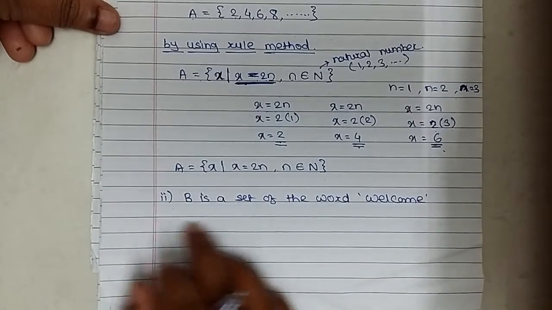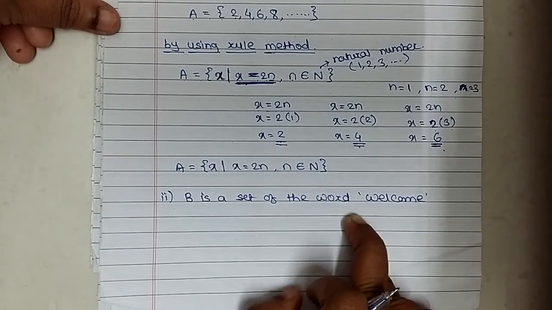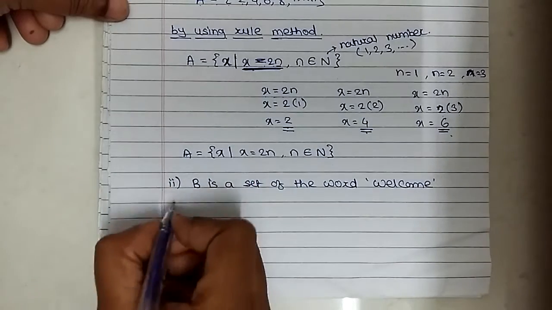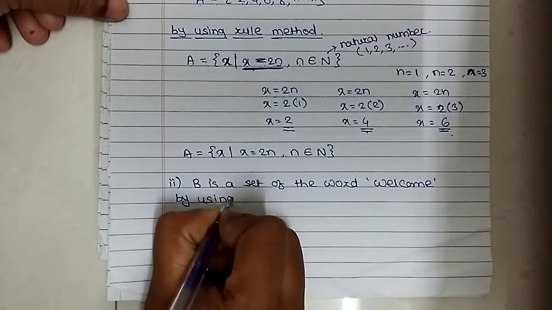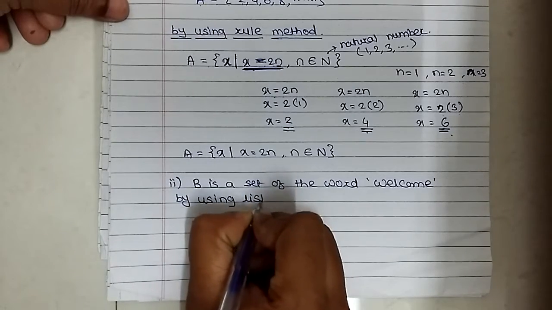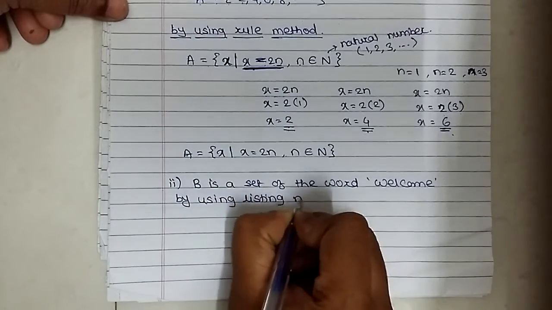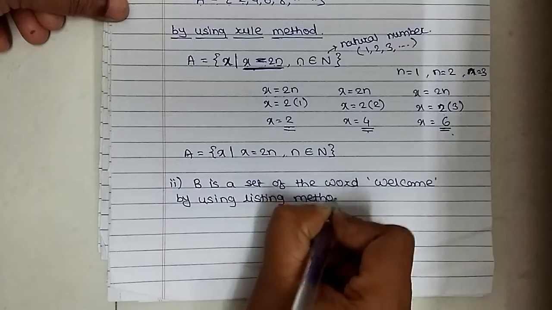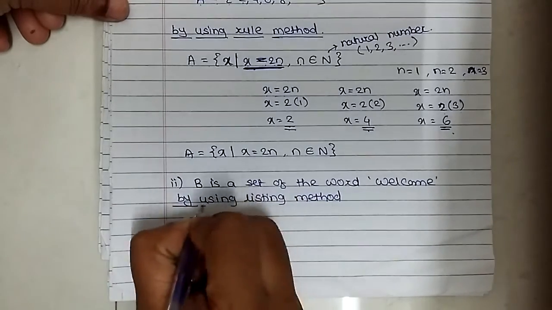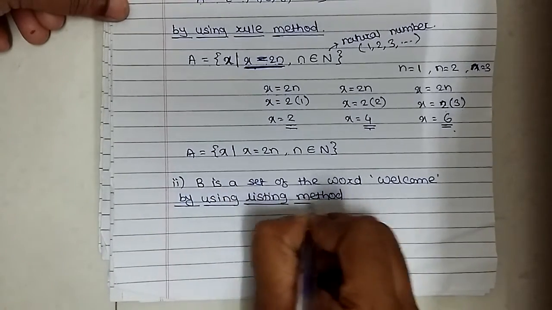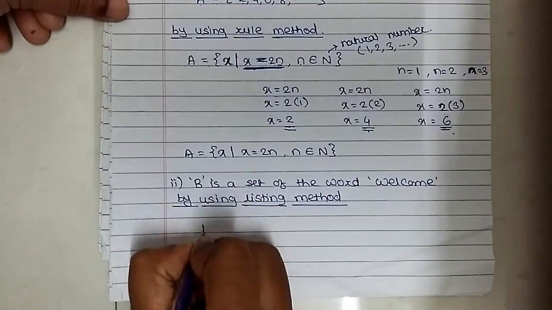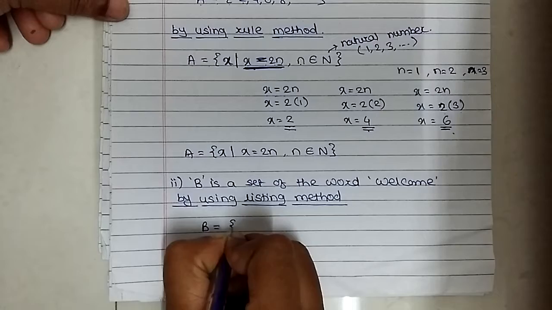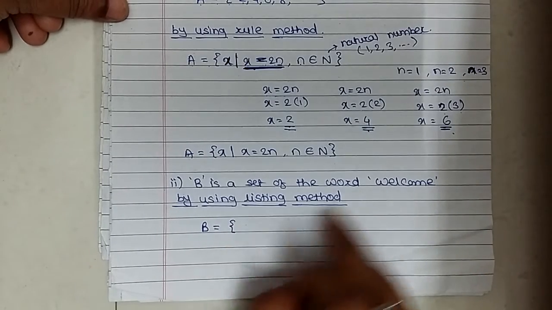B is the set of the word welcome. By using the listing method, how to write this? The set name is B. So B is equal to curly bracket open, welcome.